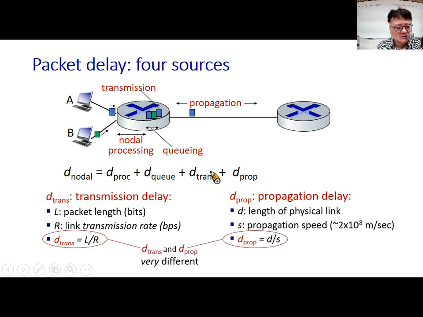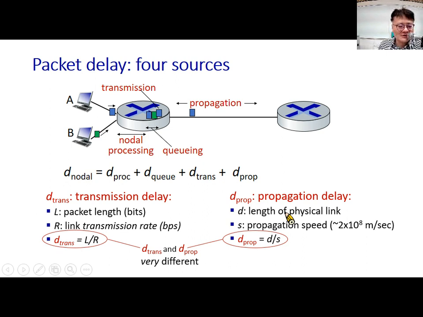You can consider that transmission is L over R. It's about a big packet length, based on the packet. But propagation is based on the physical length.